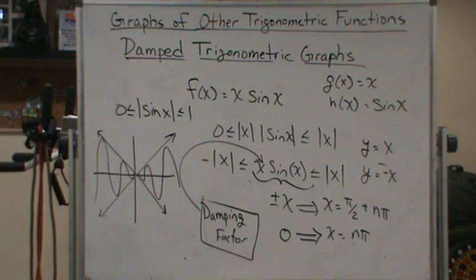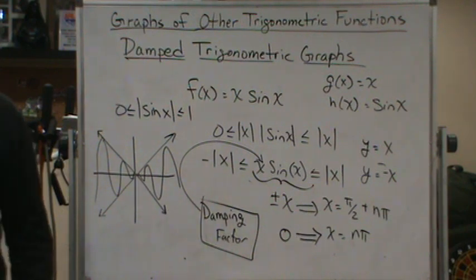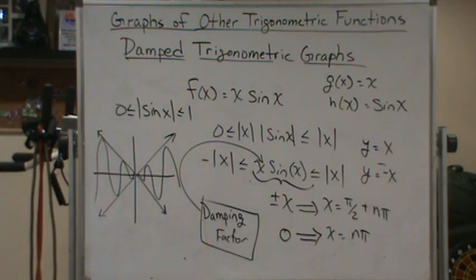Okay, I think that's it. That's all I want to say. So that is an introduction to a damped trigonometric graph. Okay, so now we're going to do another couple examples and we'll move on.